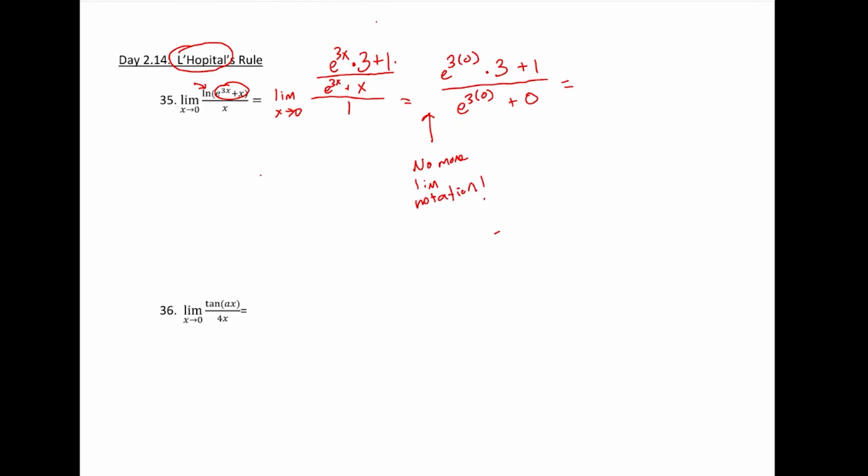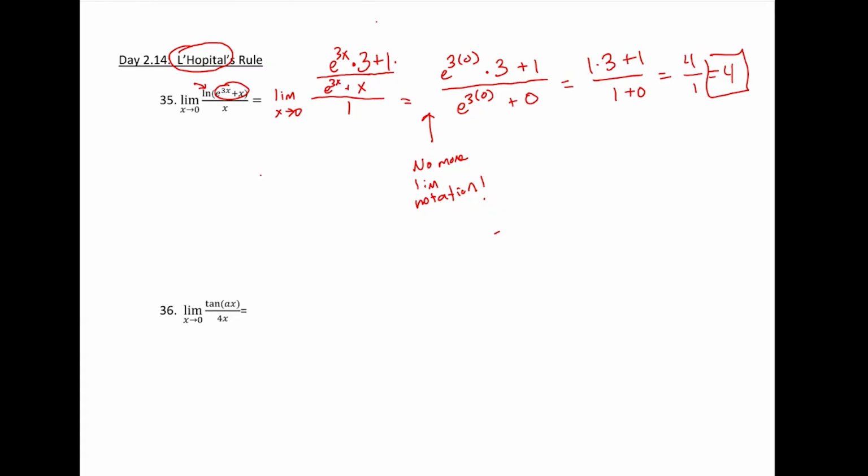I just want to point that out. The reason I stopped writing limit is because I substituted 0 in. As soon as you execute that substitution, you do not write the limit. So e to the 3 times 0 is just going to be 1. So we have 1 times 3 plus 1 over 1 plus 0. That's going to give me 4 over 1, which equals 4.